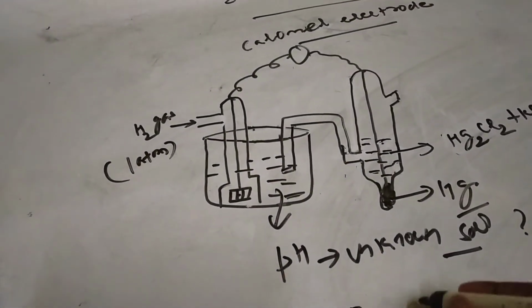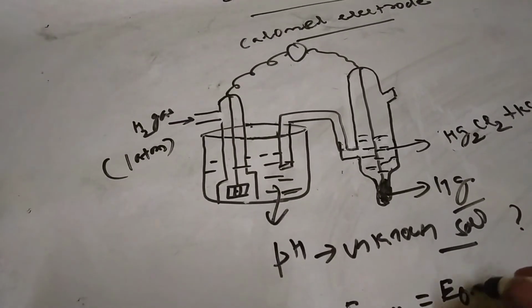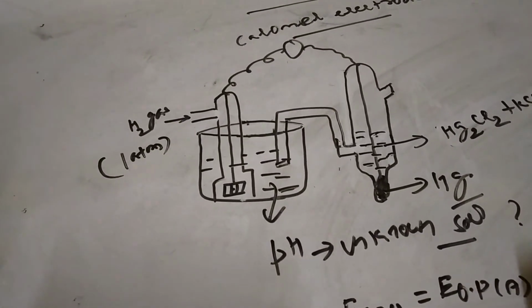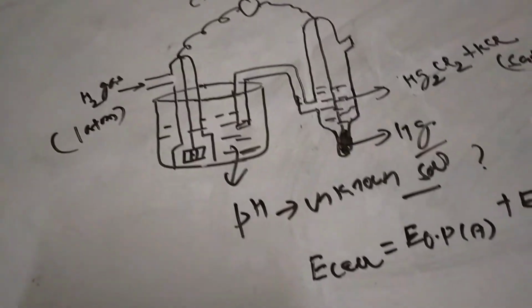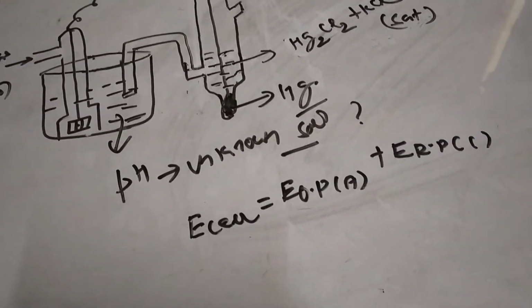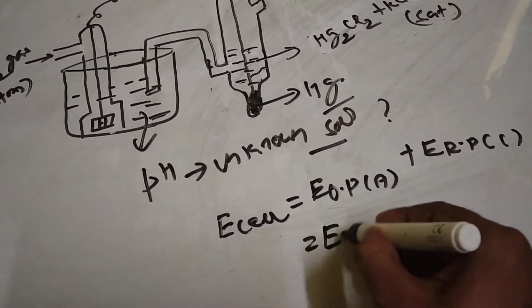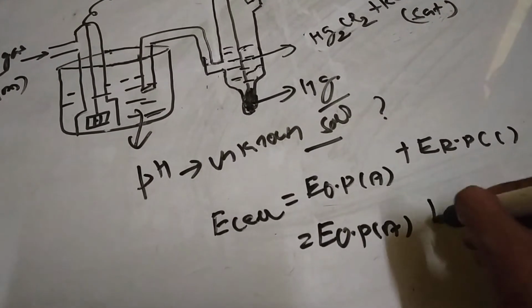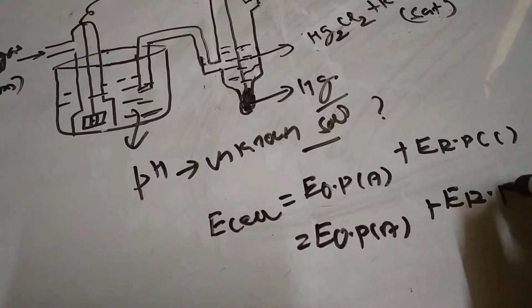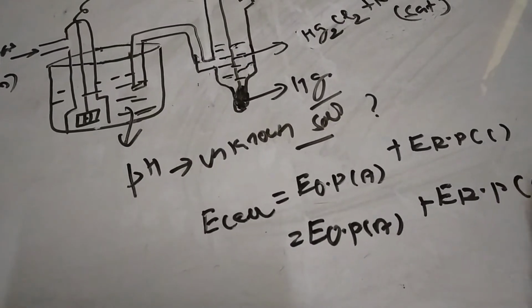And here when I want to calculate the E cell value, I can say that it is the E oxidation potential at anode plus E reduction potential at cathode. So that can be written as E oxidation potential at anode plus E reduction potential of the saturated calomel electrode.